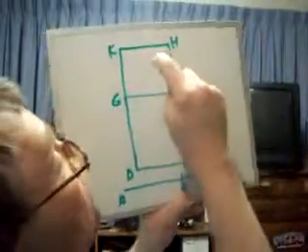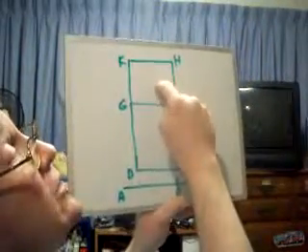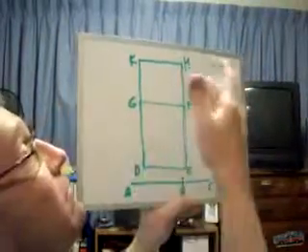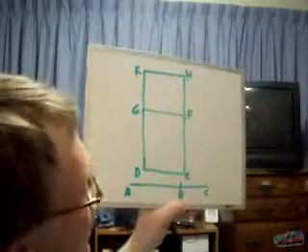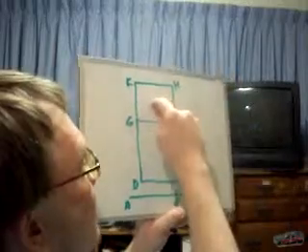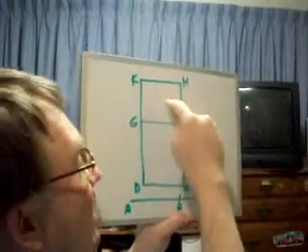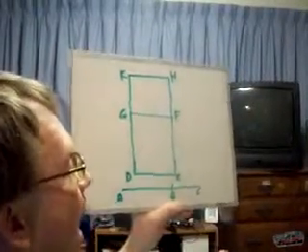Now we're going to have yet another rectangle. It's going to be called GH. This is rectangle GH. Now it looks kind of like a square up here, but actually it's a rectangle. Now, the area inside of this is going to be twice the area that you would have.